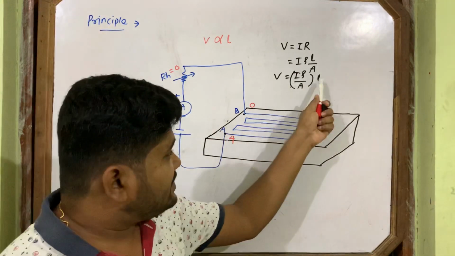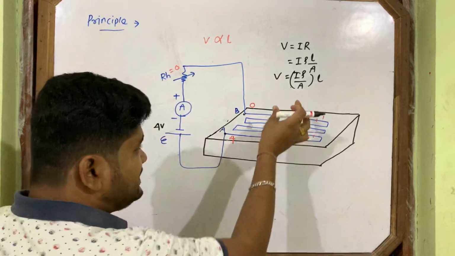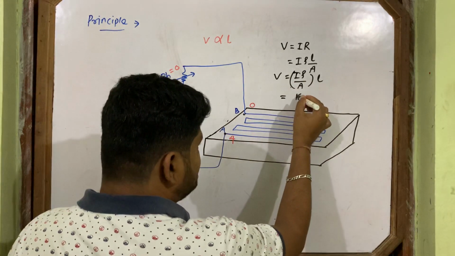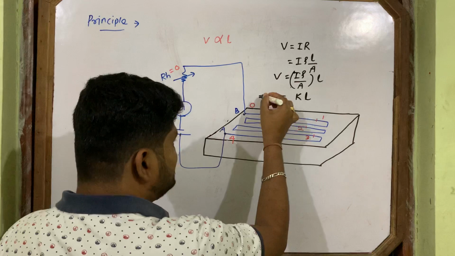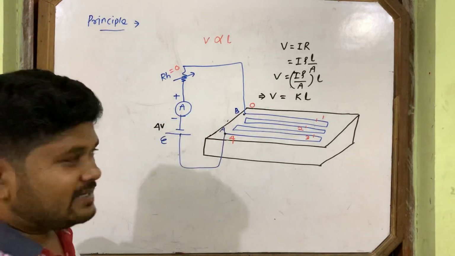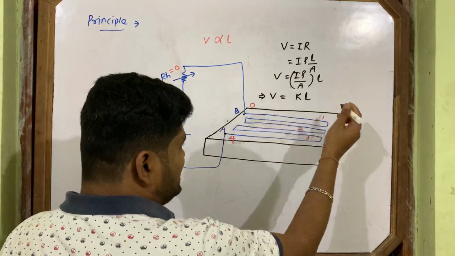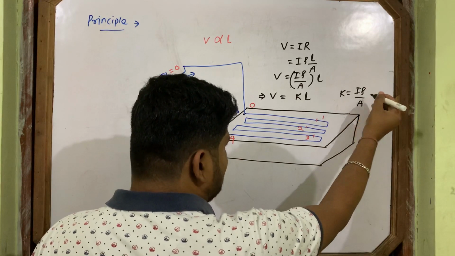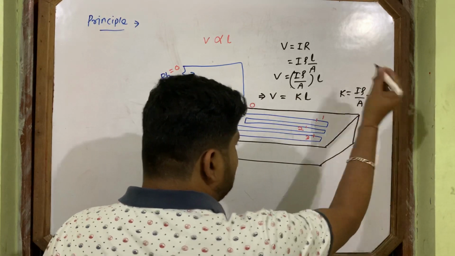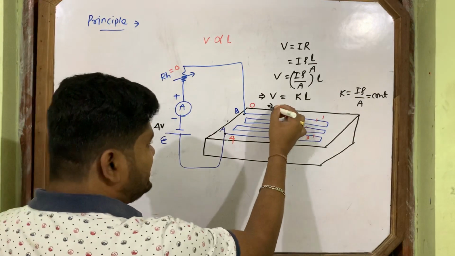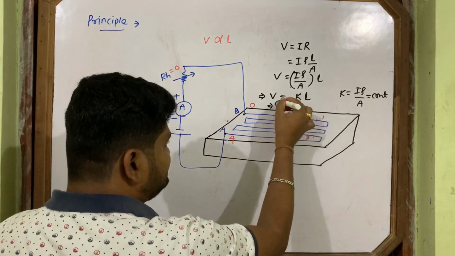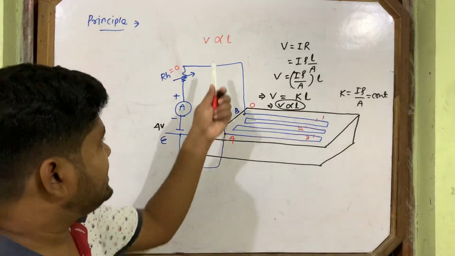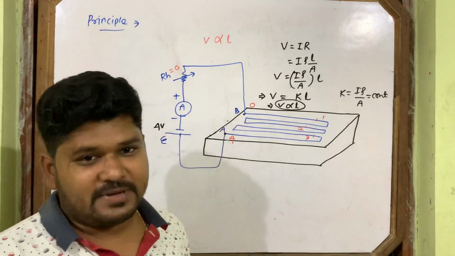V will be directly proportional to L if this bracket term is constant. So V is equal to K L. If K is constant, what is K? K is I rho by A. If it is constant, then only V is proportional to L, and the principle of potentiometer will be satisfied.